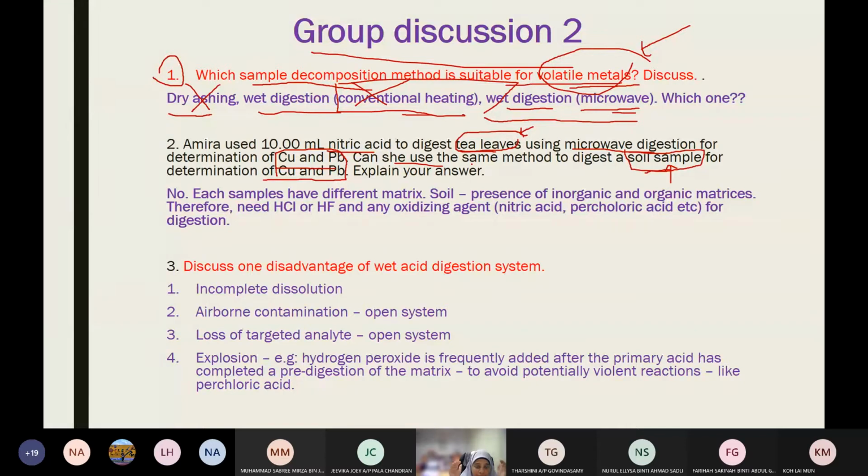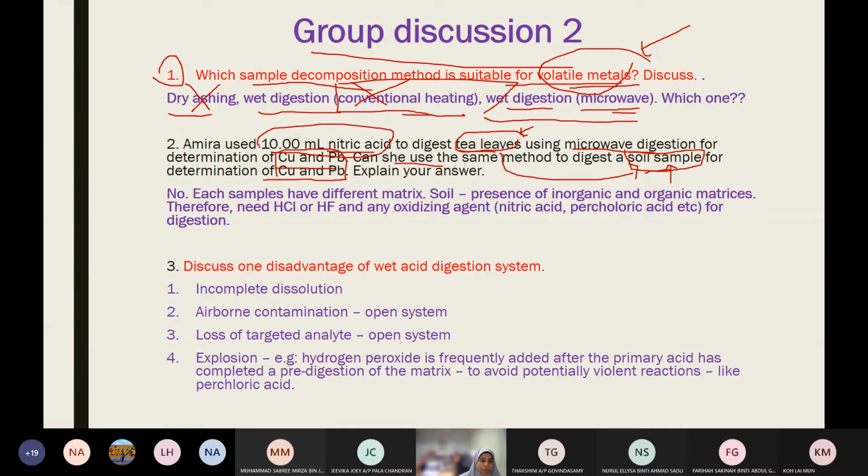As I mentioned before, during the explanation of sample prep, one of the main things when you choose the method is to make sure what type of matrices you want to analyze. Because when you have different matrices, you might have to choose a different type of reagent. Same goes here. When you change from tea leaf to soil sample, you have to change your reagent.